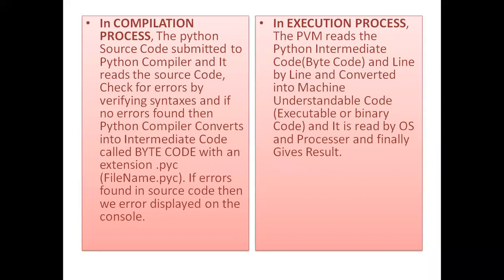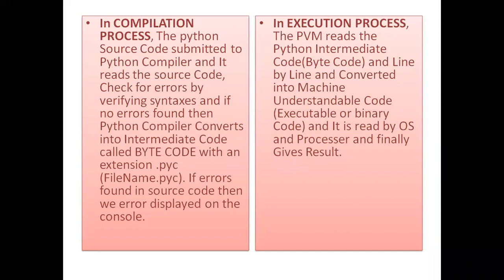If no errors are found, then the Python compiler converts it into intermediate code called bytecode with an extension .pyc. If an error is found, it is displayed on the console, like the name error and the syntax error. We'll discuss it later.